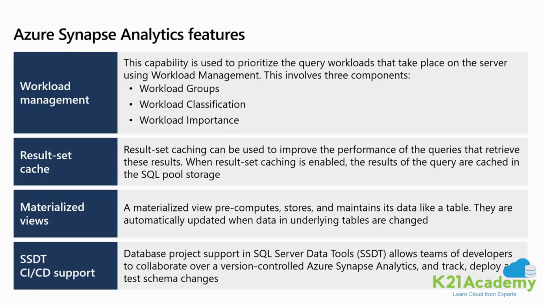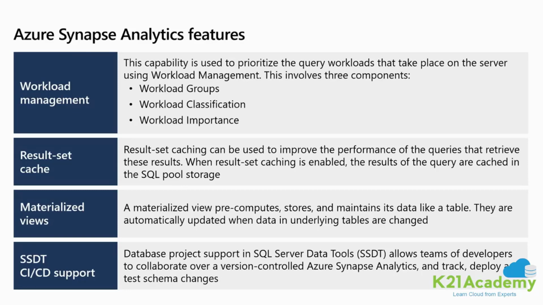So to the class of data coming from the CEO, we will give workload importance high. And to a class like weather, you might give low importance, because you don't want to give that much compute, IOPS, or memory for it to run at that point in time. So this is the meaning of workload classification. You can create these classes and allocate importance to them, like how important a particular class is, and based on that, resources are allocated to that particular query while running.